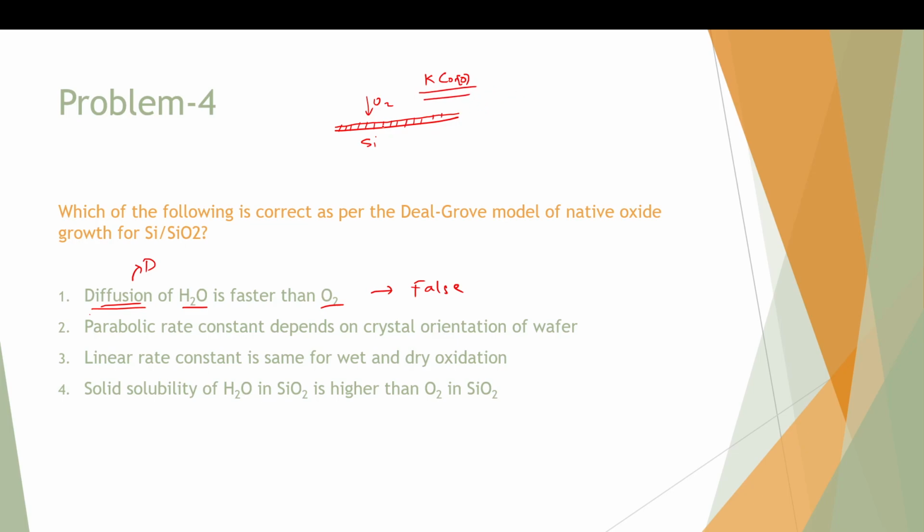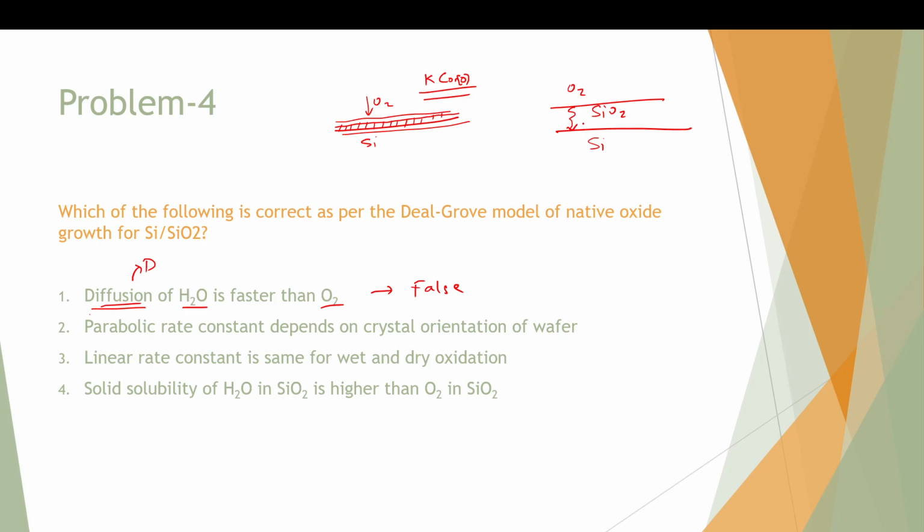But as we go on building the thickness, as the SiO2 thickness starts to increase on top of silicon, then the reaction is limited by diffusion of oxygen species through the SiO2. So it's not a linear regime anymore. It goes to the parabolic regime.